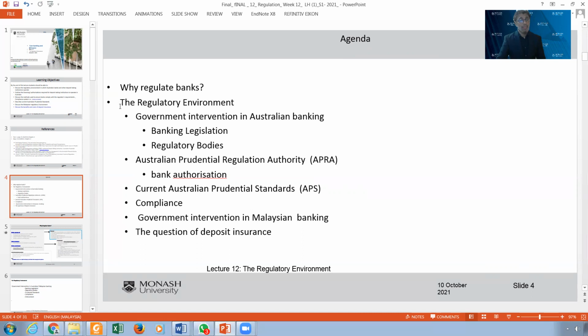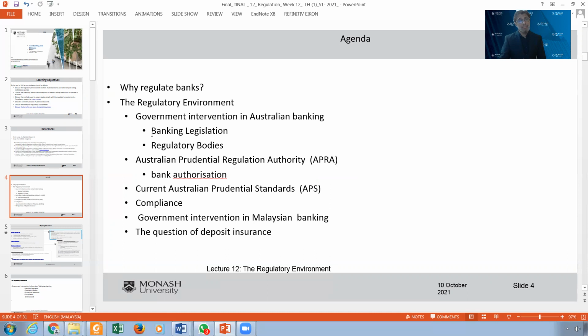When we talk about the regulatory environment, just assume a new country was established, or a new economic group like ASEAN decided to become a fully economic group like the European Union. In this case, they will have what we call a regulatory environment. And in the regulatory environment, there must be a legislation, and this legislation has to come from the legislators, parliament, or whatever you call it.